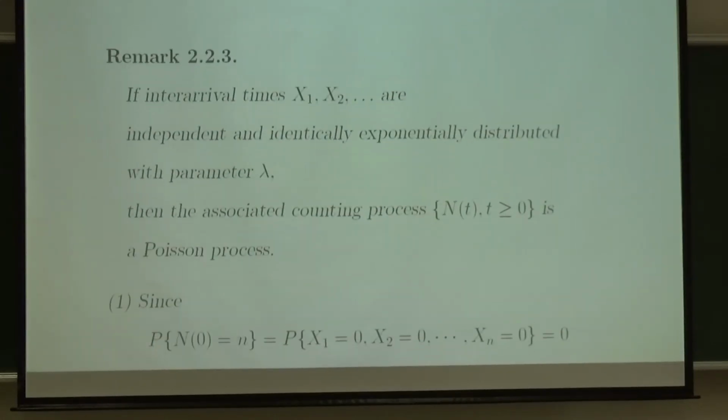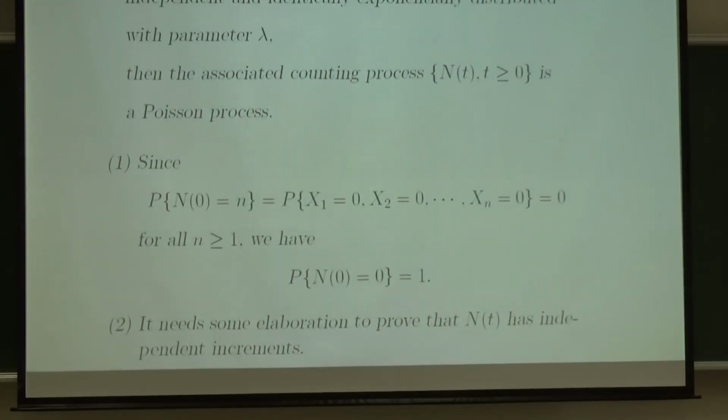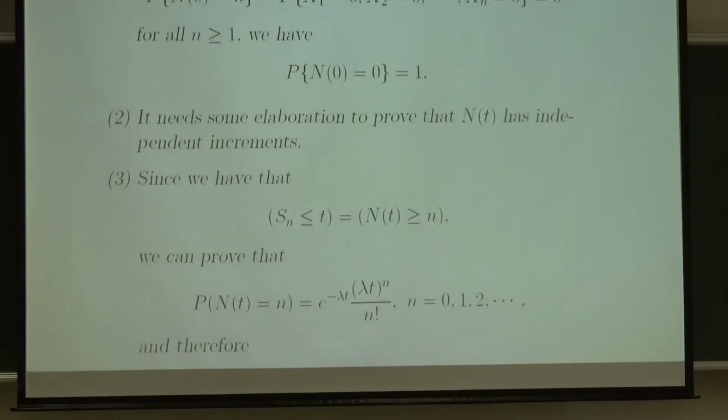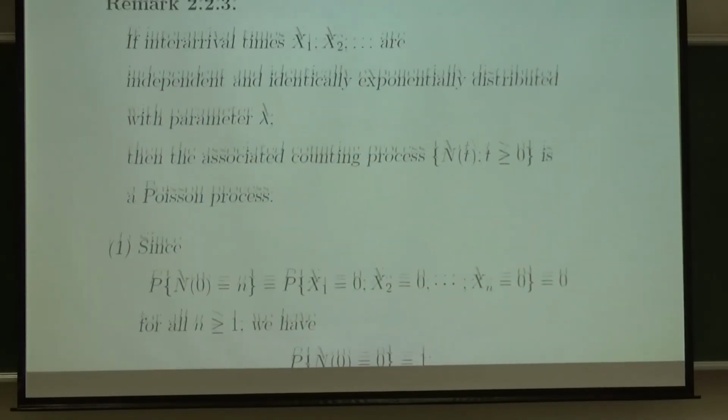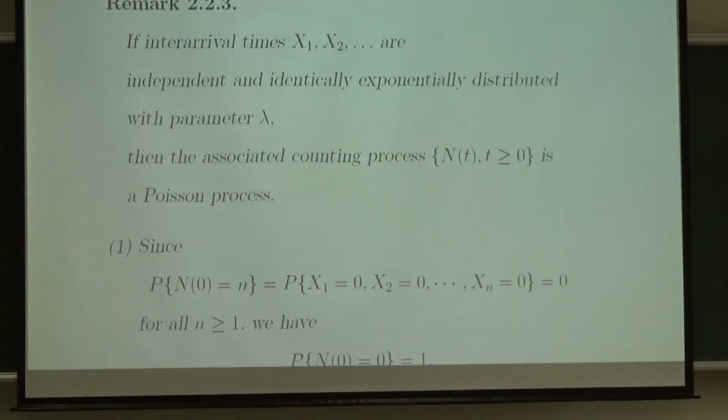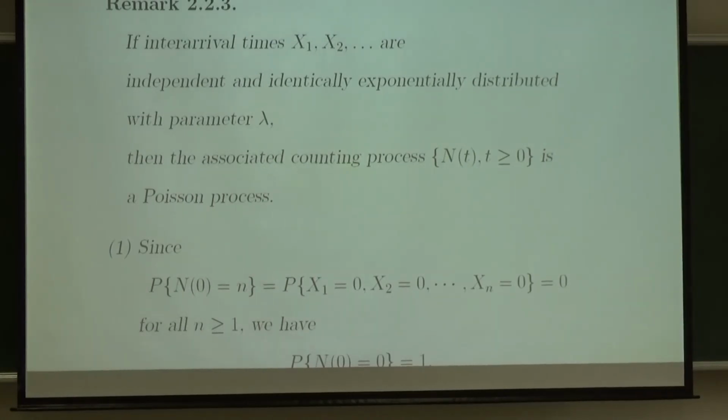Of course, there are some details to complete the proof, but the idea I have given here. So now we get a second way to identify whether a point process is Poisson or not: look at the interarrival times.